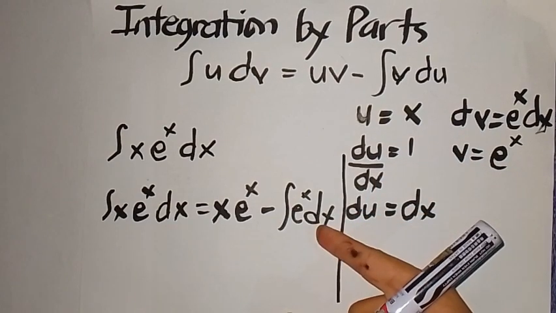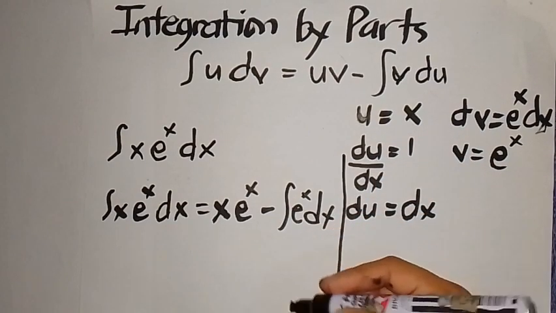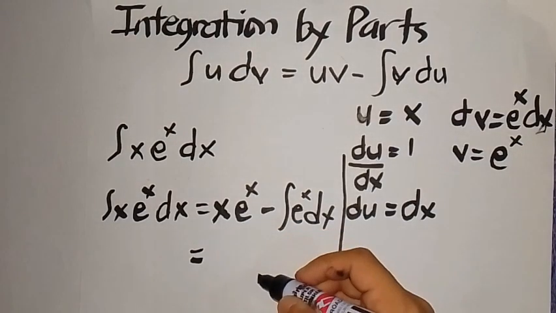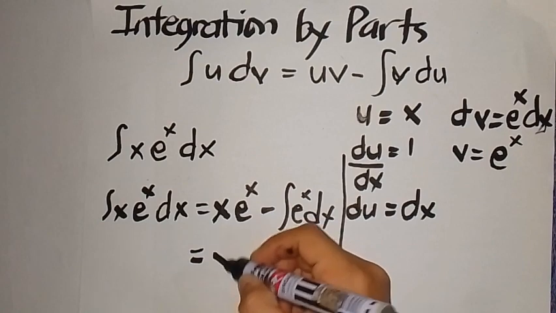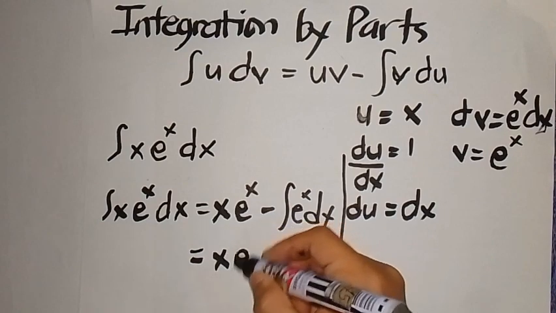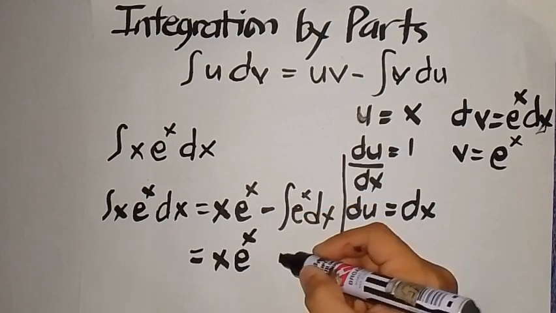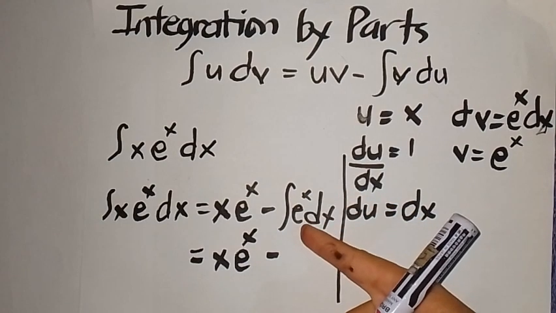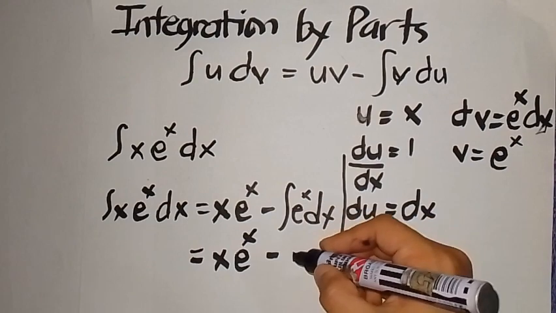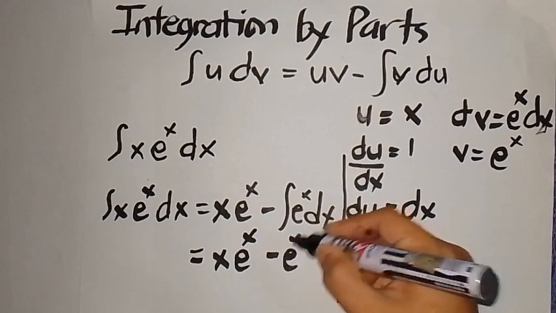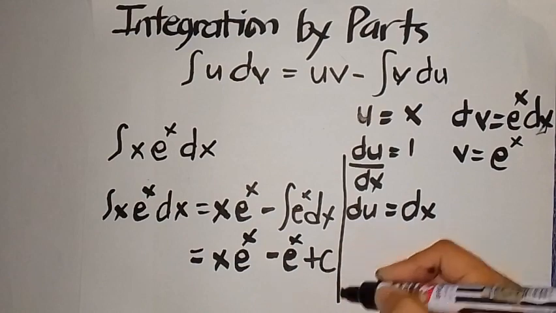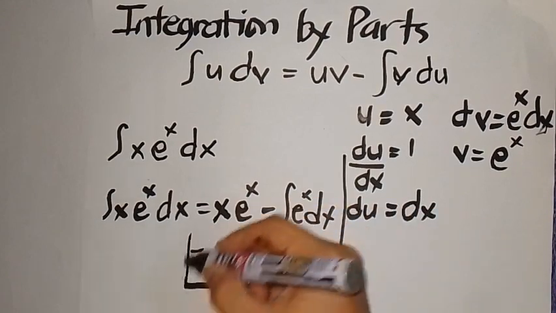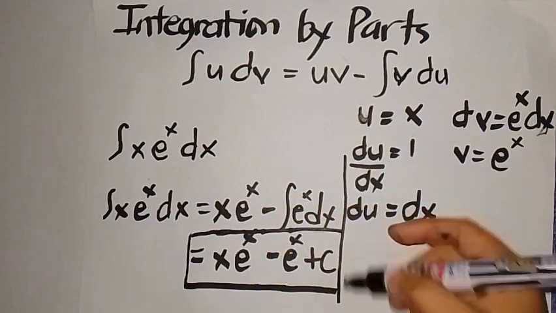And then simplify. So we have x times e raised to x minus the integral of e raised to x, which is simply equal to e raised to x plus a constant. So this is our answer.